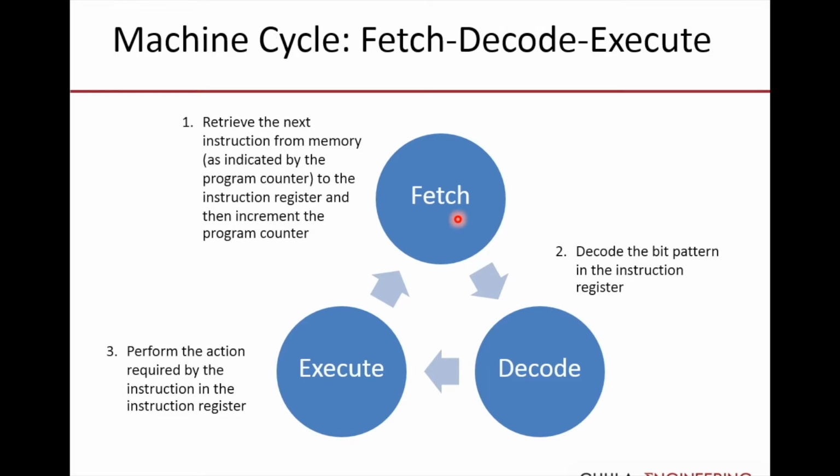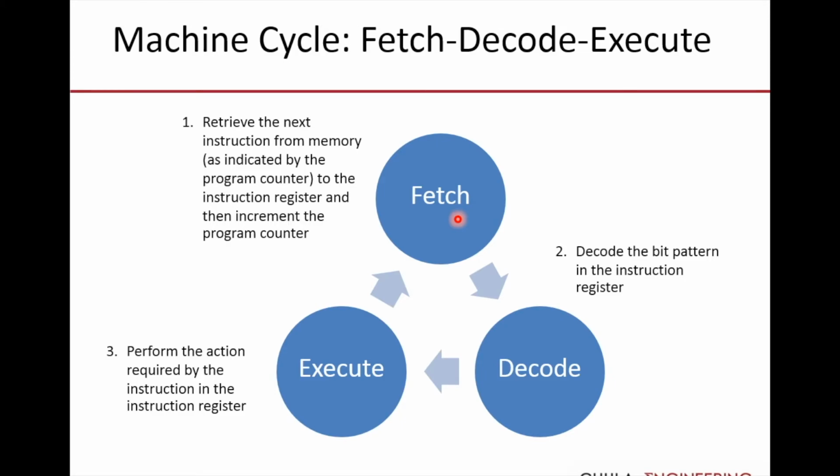And then the PC is incremented. In the case of the Brookshear Simple Machine, it will be incremented by 2 because the instruction size is 16 bits, or 2 bytes. That means once we retrieve an instruction, we move to the next instruction, which is 2 bytes away.